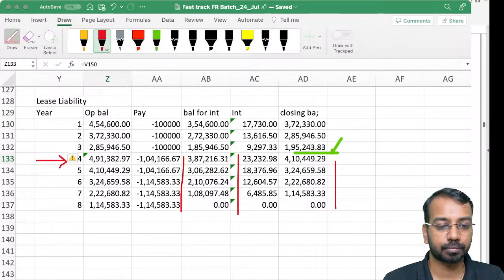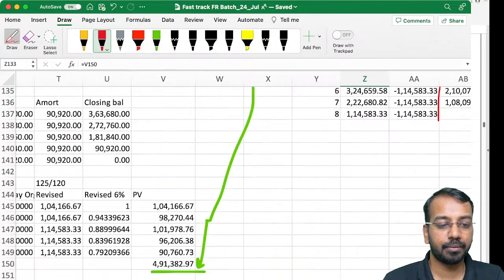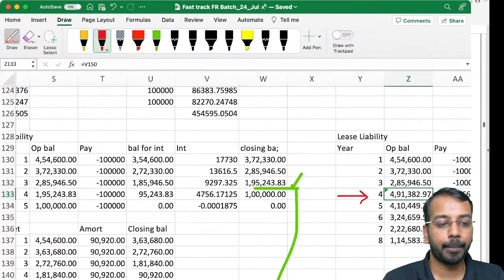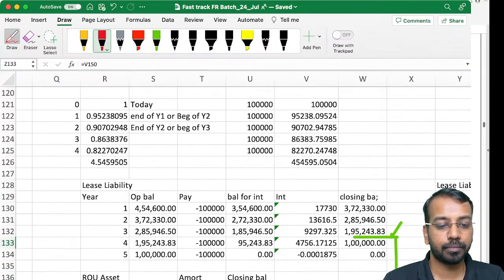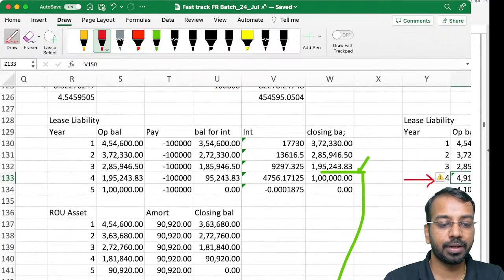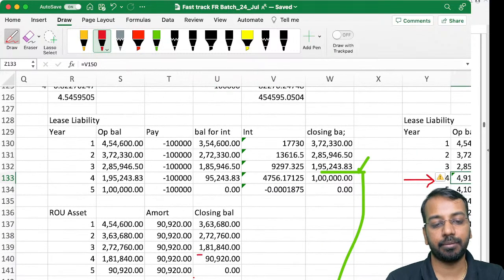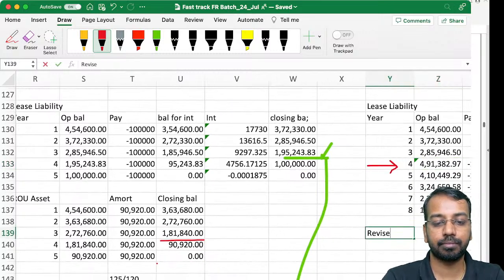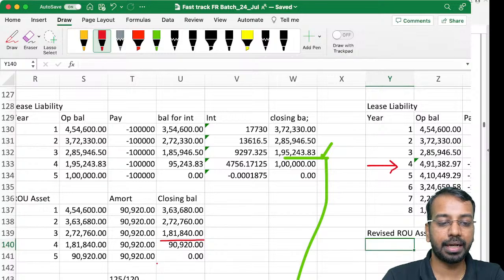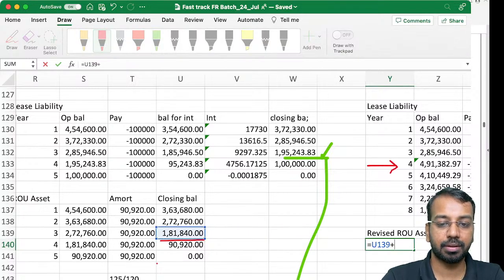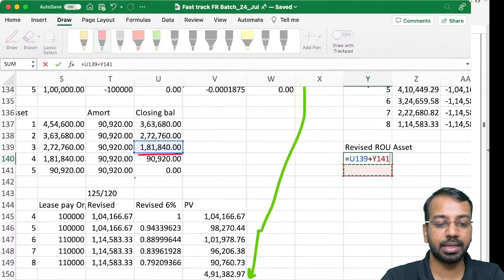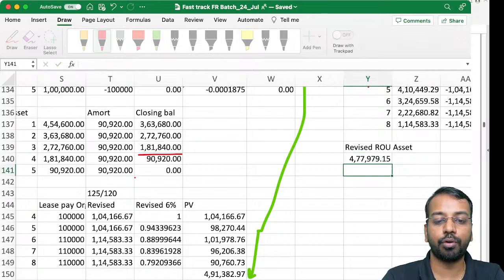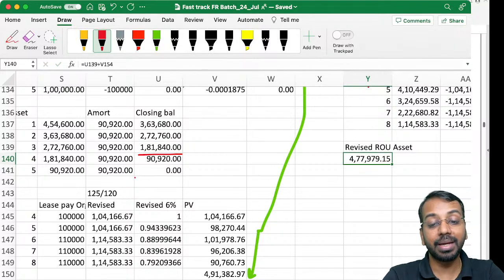Now here if you see, the ROU asset at the end of year 3 is 181,840. So what you will do is, the revised ROU asset is 181,840 plus 296,139, which is 477,979, at the beginning of the 4th year.